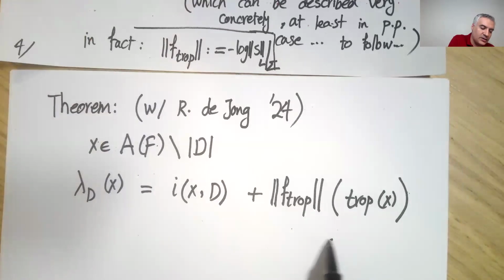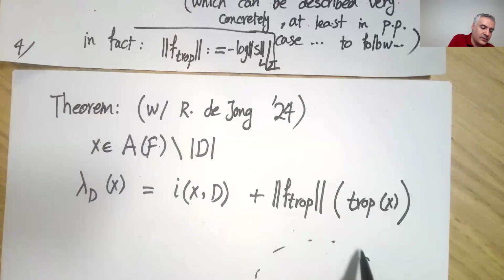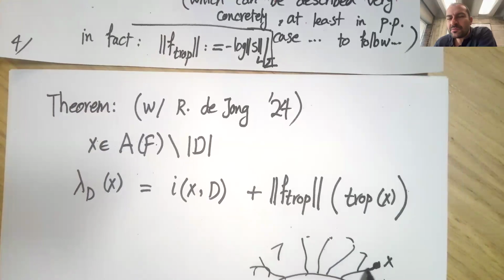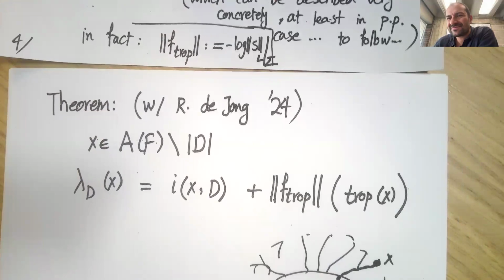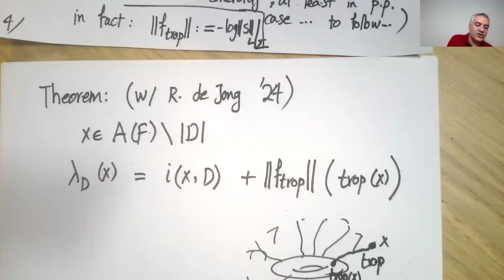So the pictorial explanation of what's going on here is, if you give me a point X, I'm going to bring it down using the trop map. And I get trop of X. Then I have a function on this torus.